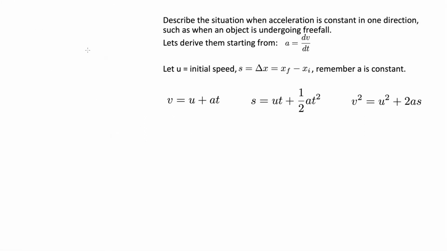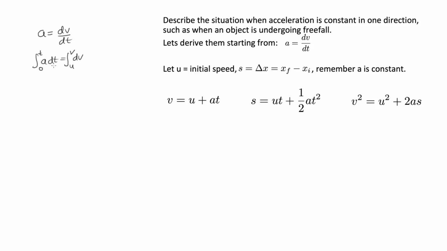Okay, so this is what we want to derive, and we are going to start from a is equal to dv dt. Now what we can do is write this as a dt is equal to dv, and now we're going to need to integrate to get rid of the dt and the dv. So we'll integrate both sides, and at t equals 0, the speed is u. That's how we defined u here, the initial speed. And then at time t, the speed is v.